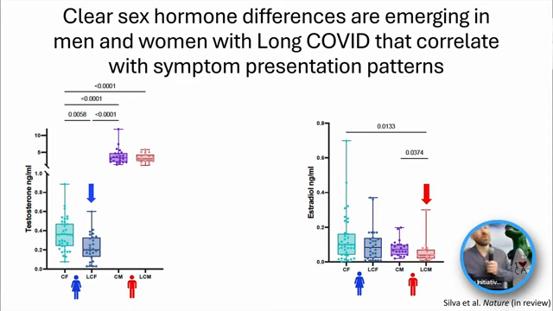Similarly, in men, we saw that men's estradiol levels were lower than men without long COVID. So what we actually interpret this to be, and this is me, just to be clear, this is me outside of the study conjecturing, and we're looking to confirm this with future studies.